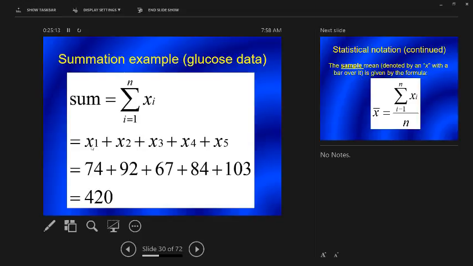So then we could write this another way as x1 plus x2 plus x3 plus x4 plus x5. Then substitute the actual observed values for these 5 observations that we just saw before. These were the 5 serum glucose values. And then when we add them up, we get 420 for the sum.